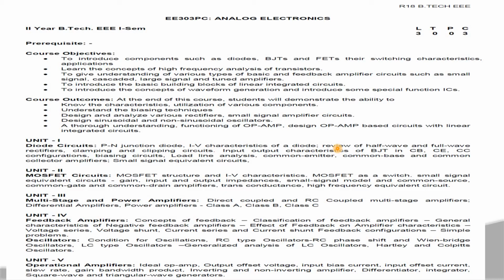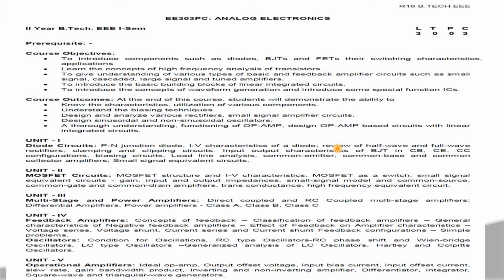These things are discussed in the diode circuits, and we also need to know about load line analysis of the transistor. And we have to understand the small signal equivalent circuit of the transistor, and the small signal analysis of the transistor in the three different configurations.